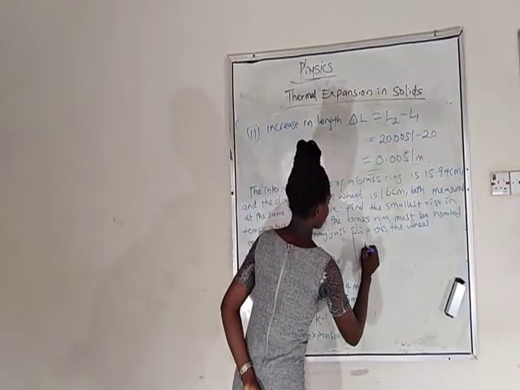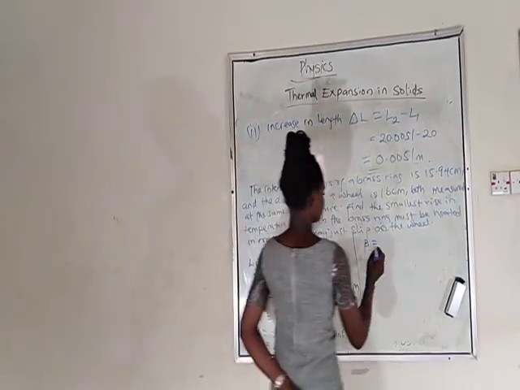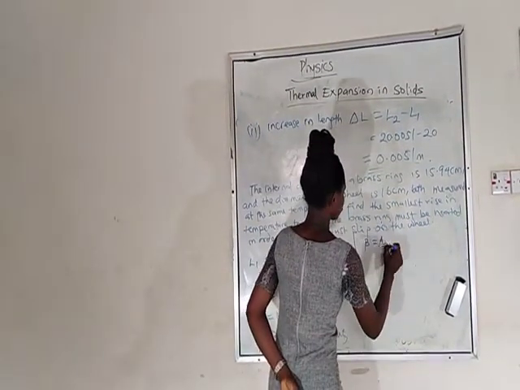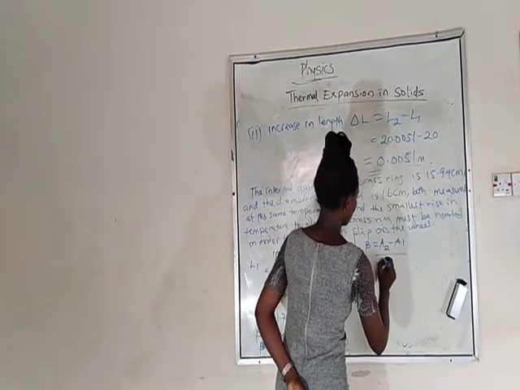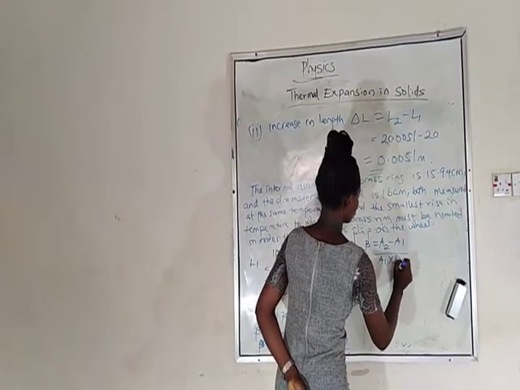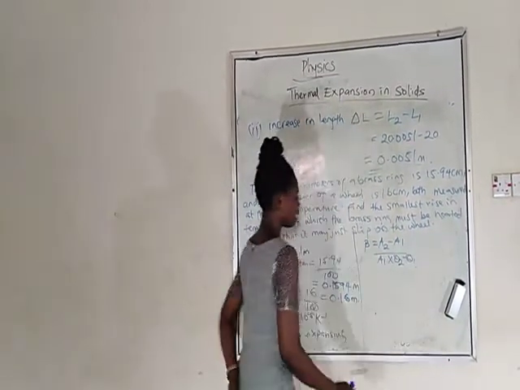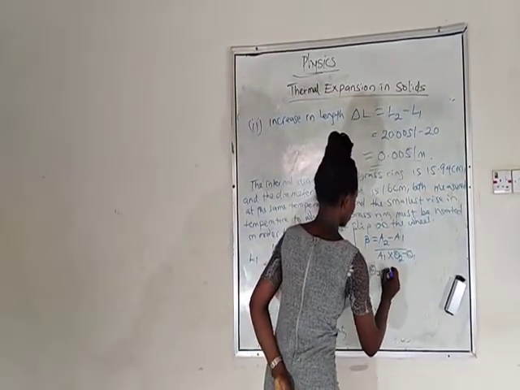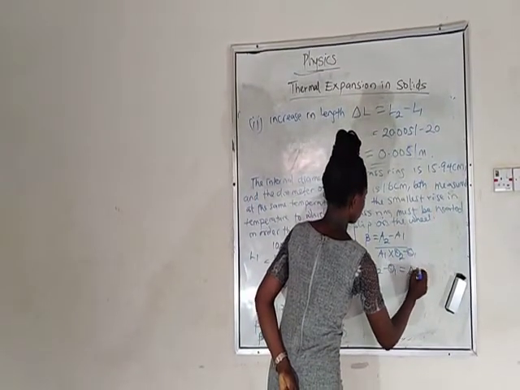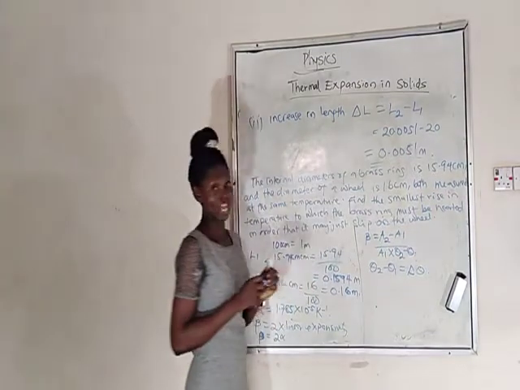Okay, we have your beta to be equal to what? A2 minus A1 all over A1 times theta 2 minus theta 1. And remember that your theta 2 minus theta 1 is equal to what? Change in theta. And that's what we are asked to find here.